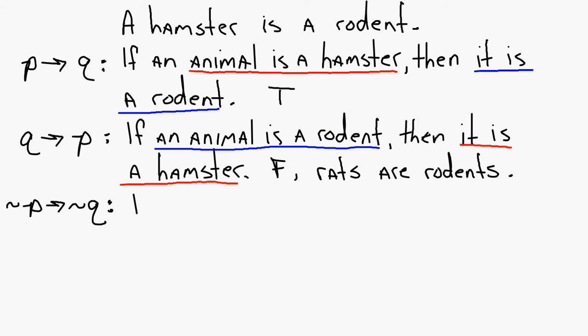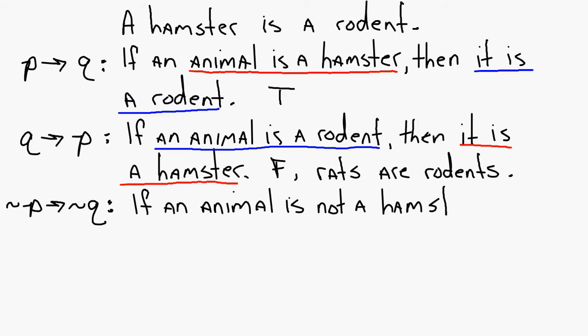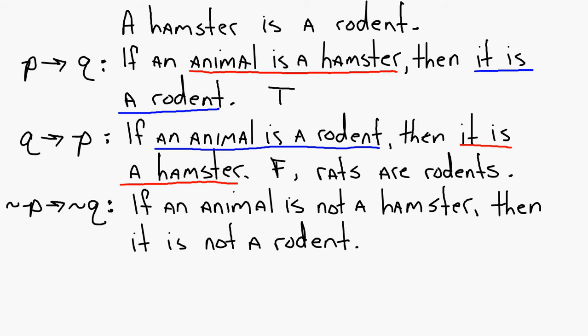So we're going to say that if an animal is not a hamster, then it is not a rodent. Okay? Negating the original hypothesis, negating the original conclusion.